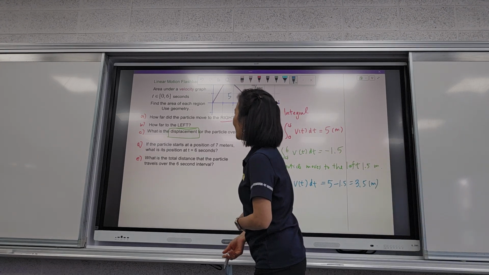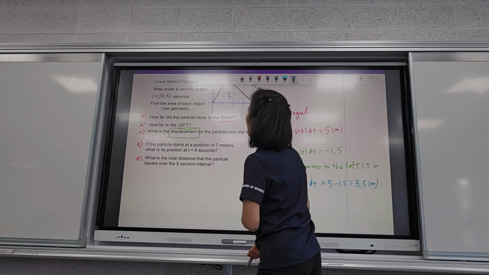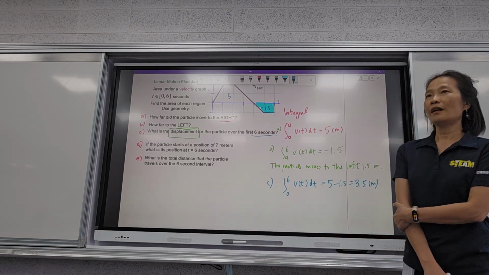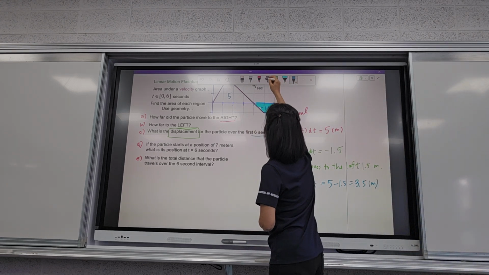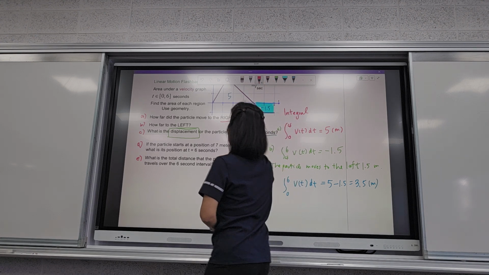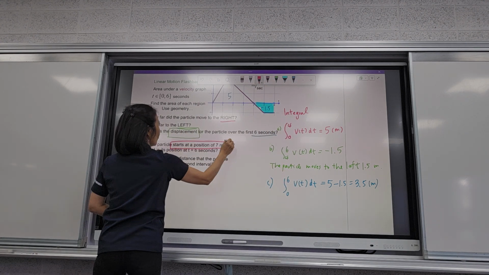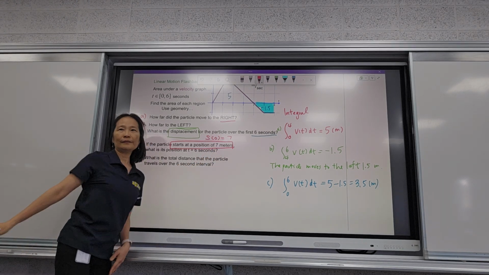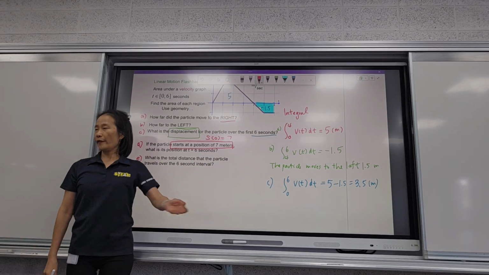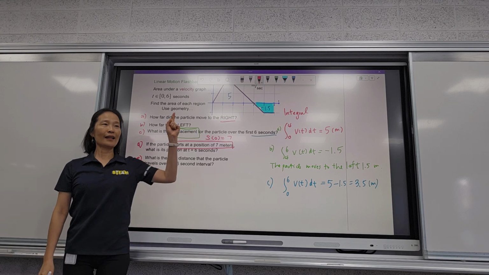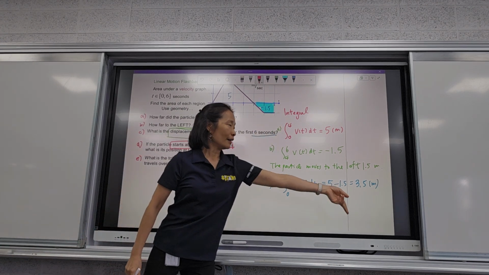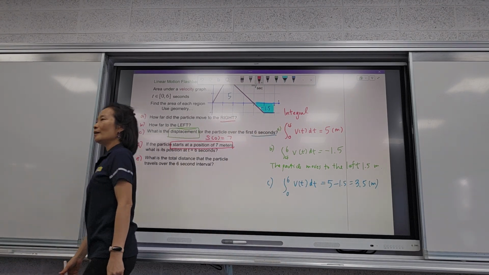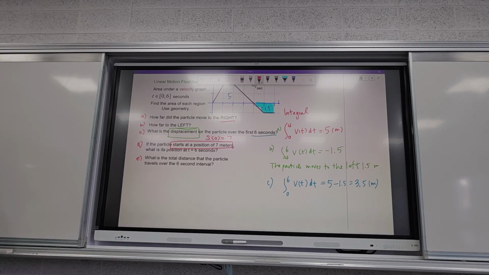All right, D. If the particle starts at the position of 7, that is telling you S of 0 is 7. I move 3.5 meters, but if I started at 10, then I would be at 13.5. If my starting point is negative 10, move 3.5 to the right, it will be negative 6.5.